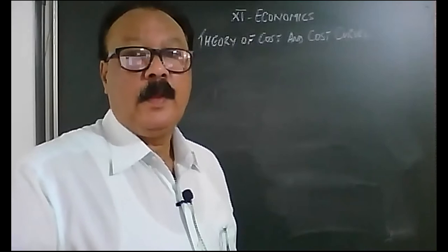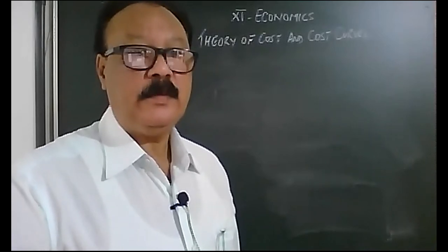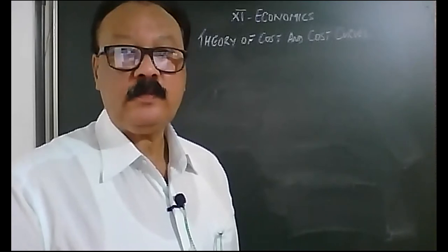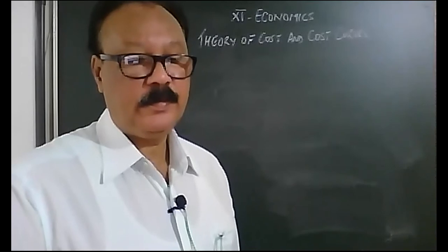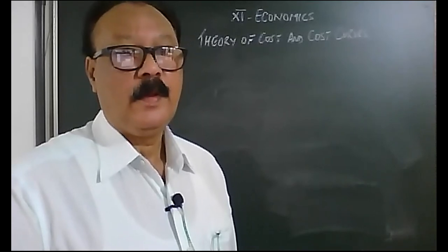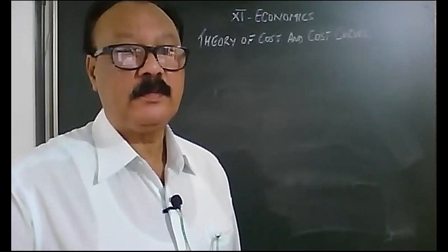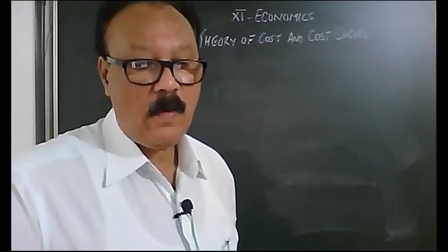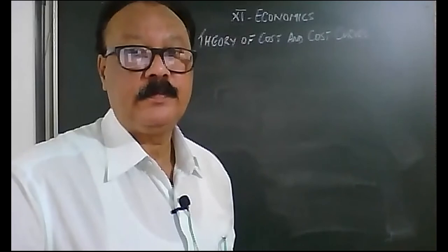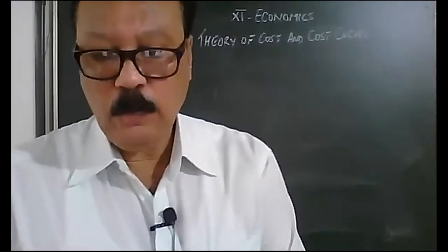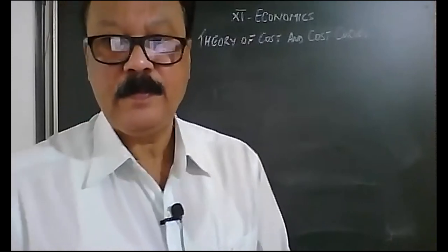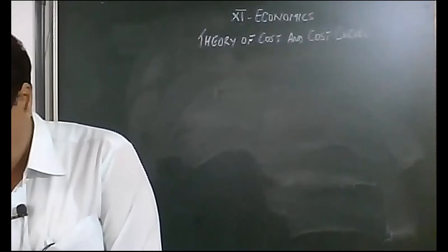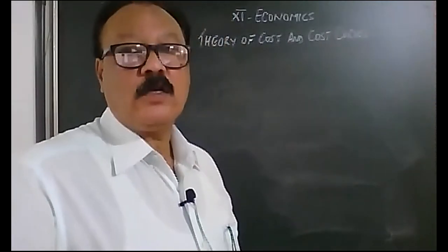Write down: the expenditure incurred on inputs, within brackets you may write raw materials and factors of production, to produce a commodity is called cost of production.